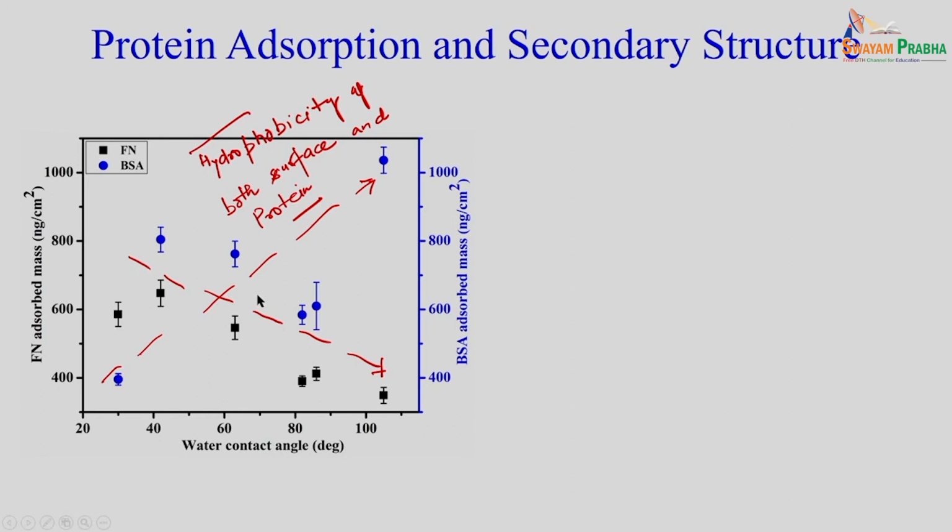So we observe two different trends. In case of albumin, we observe an increase in the adsorbed amount with increase in the surface hydrophobicity, but in case of fibronectin, we observe a reverse trend.